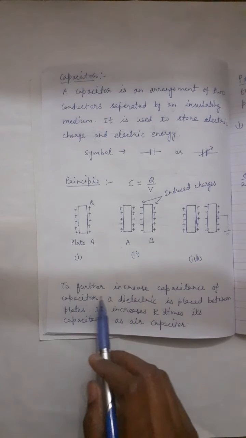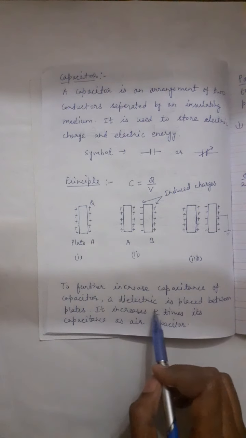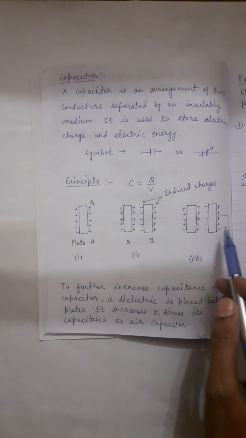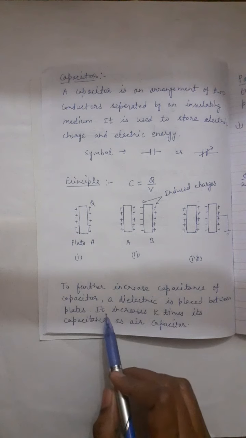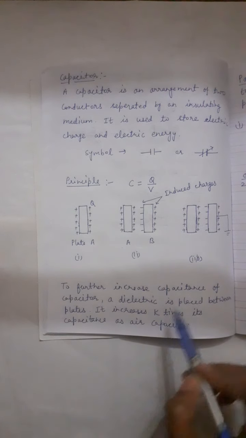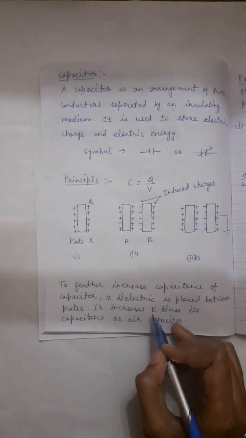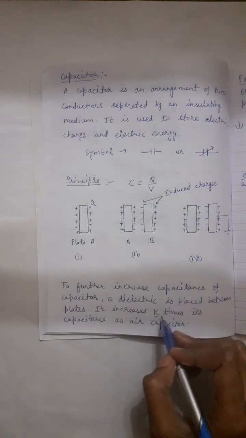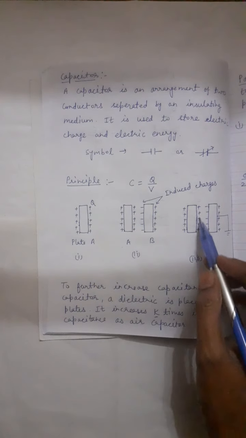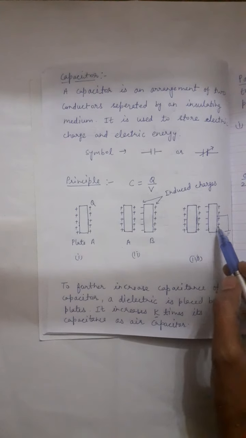So to further increase the capacitance, a dielectric is placed between the plates and it increases the capacitance K times compared to the air capacitor, where K is the dielectric constant of the medium which we are using between the plates.